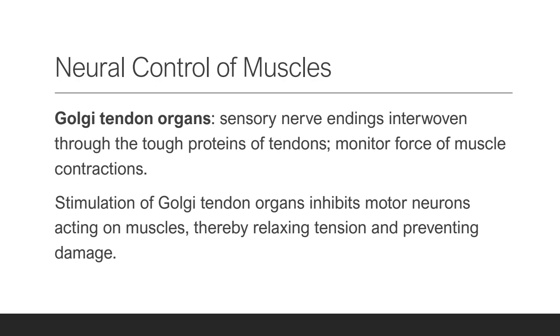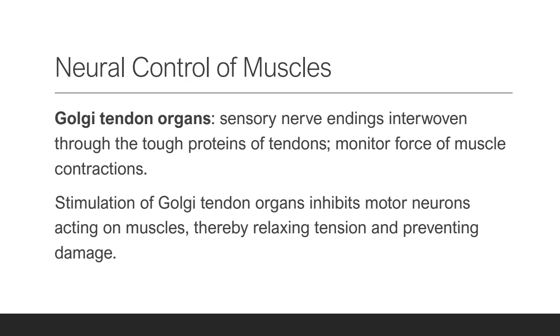The fibers from the Golgi tendon organs enter the spinal cord and form synapses with spinal interneurons. In turn, these interneurons can inhibit activity of the alpha motor neurons if the muscle contraction exceeds a certain point.